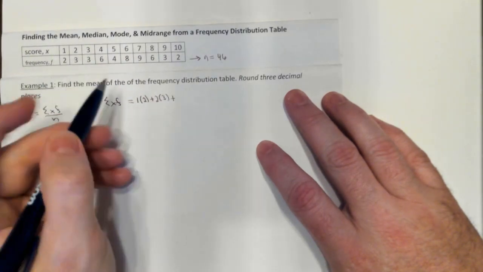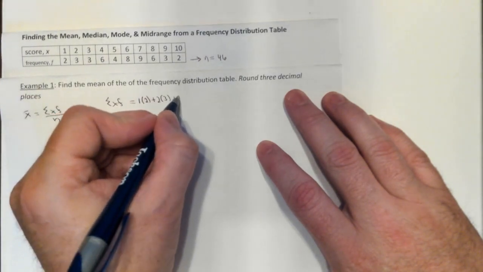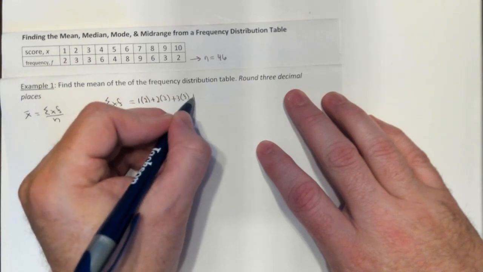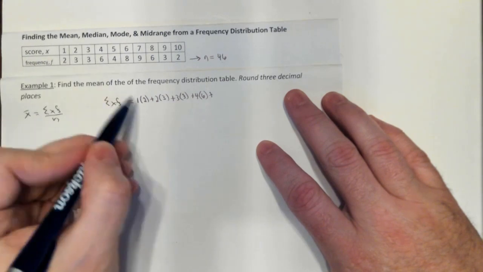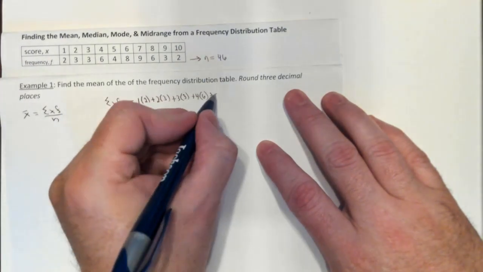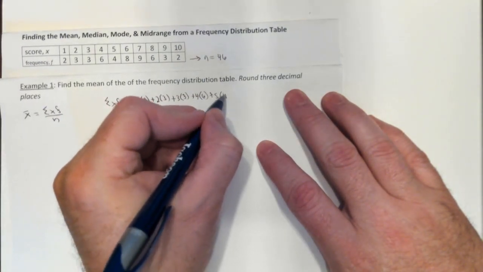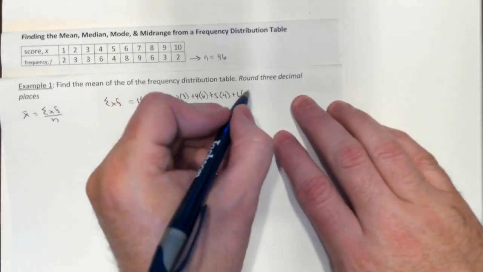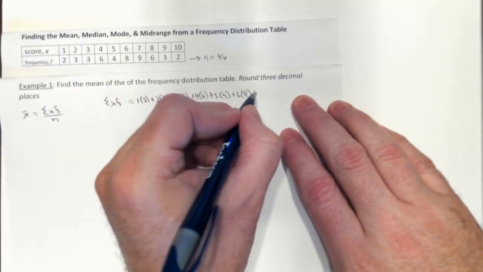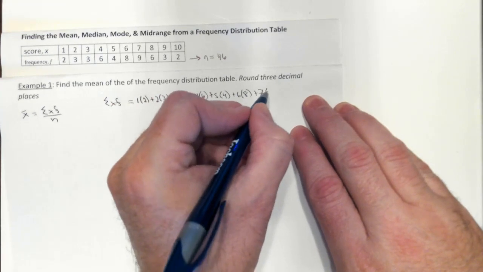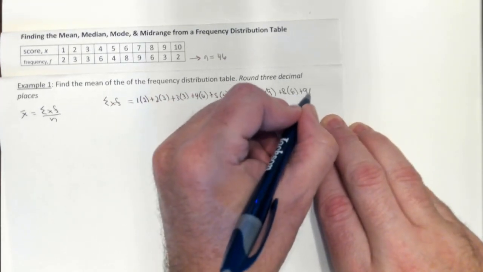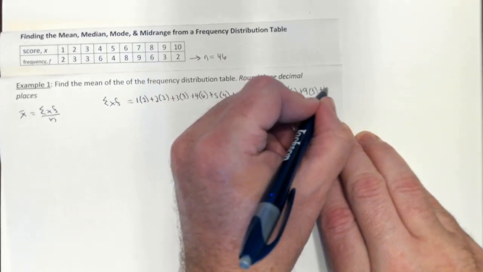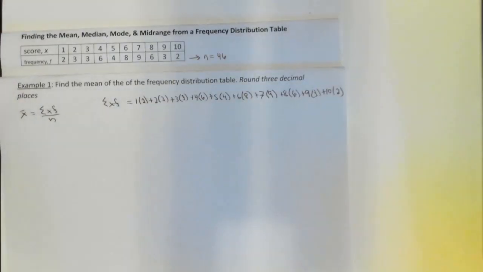So 1 times 2, 2 times 3, 3 times 3, 4 times 6. And notice I'm putting the score first, so it'll be 1, 2, 3, 4, etc. 5 times 4, 6 times 8, 7 times 9, 8 times 6, and 9 times 3, and 10 times 2. Okay.